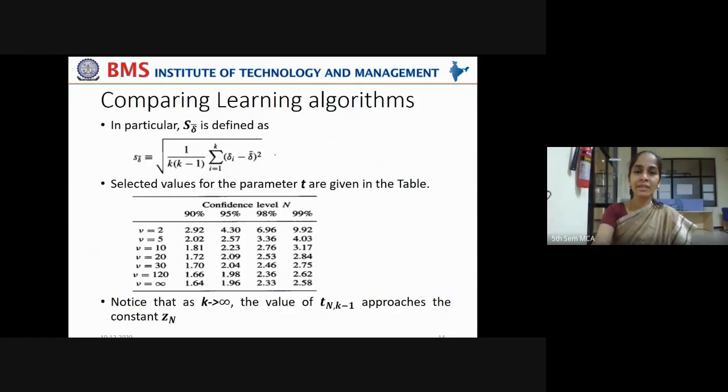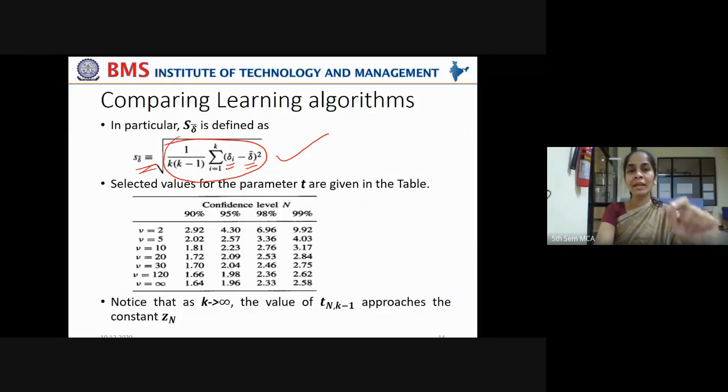So this S delta bar, how can we mathematically represent it? How can you calculate that? S delta bar is equivalent to the square root of, this is actually the variance. Did you observe? Variance is the deviation of each partition's error from the mean error. Observe this carefully.